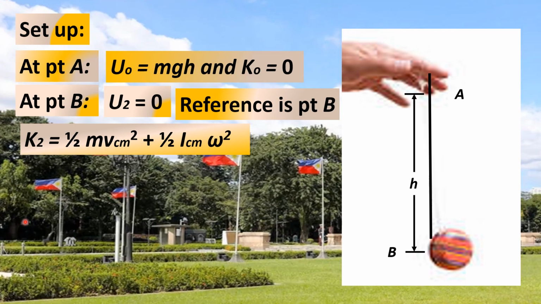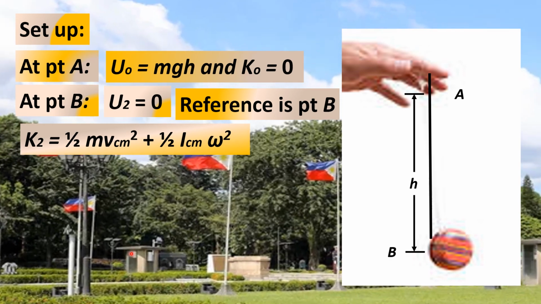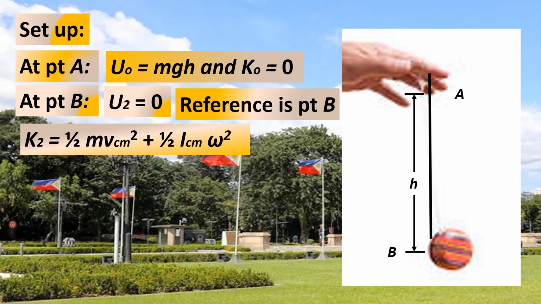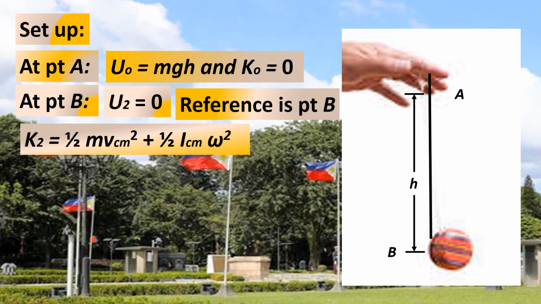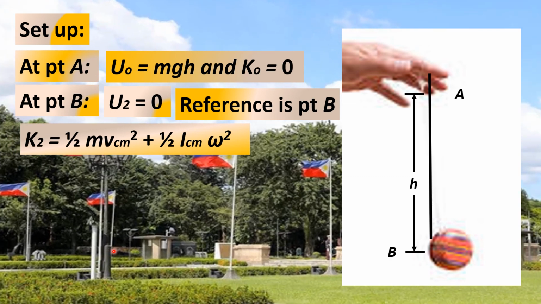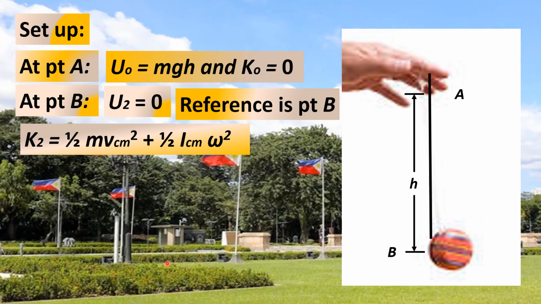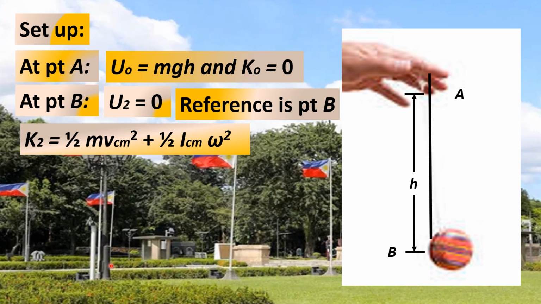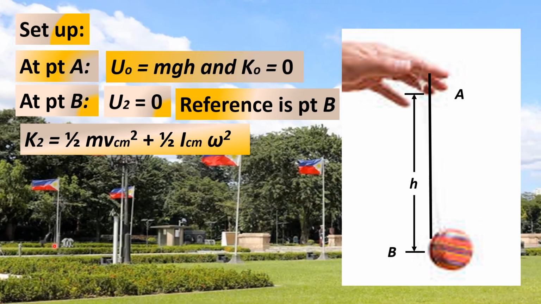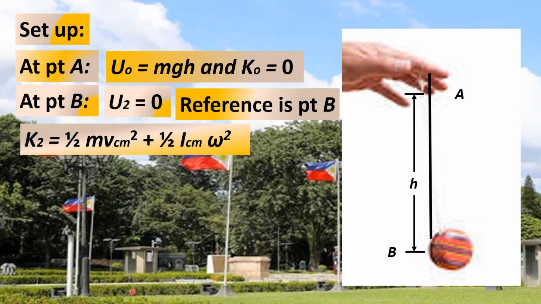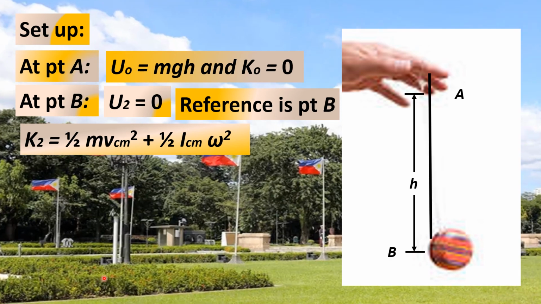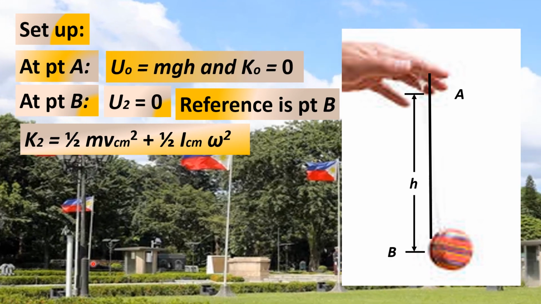And the final kinetic energy, K2, will just be equal to the sum of the translational kinetic energy of the yo-yo and what we call the rotational kinetic energy. So K2 is equal to 1 half the mass times the square of the speed of the center of mass of the yo-yo.